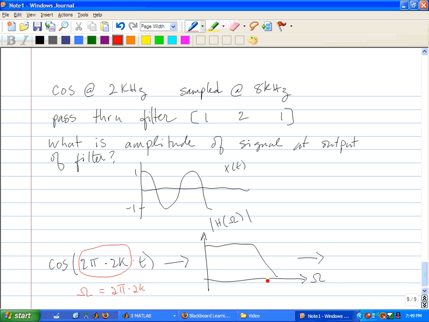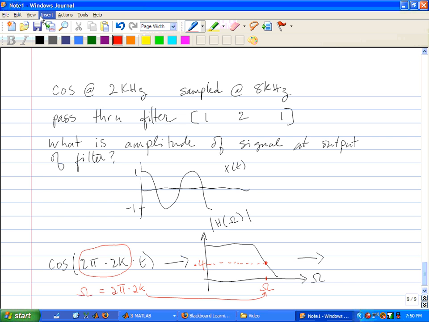Wherever it is, we're just going to pick one at random. We'll say that this is our value of omega. The actual value is not critical. And you come over here and you see, well, what's the gain at that frequency?